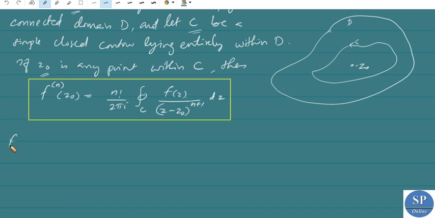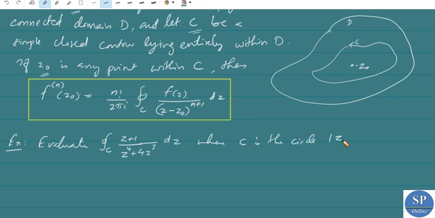Evaluate the contour integral over C of z plus 1 divided by z to the power 4 plus 4z cube dz, where C is the circle mod z equal to 1. So here our contour is mod z equal to 1, that is a unit circle with center 0.